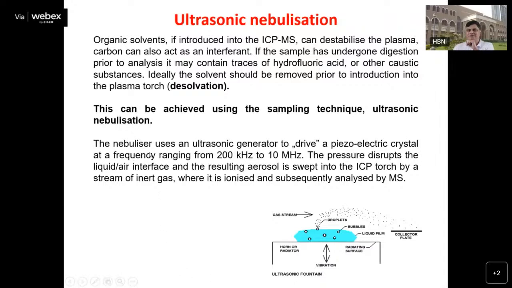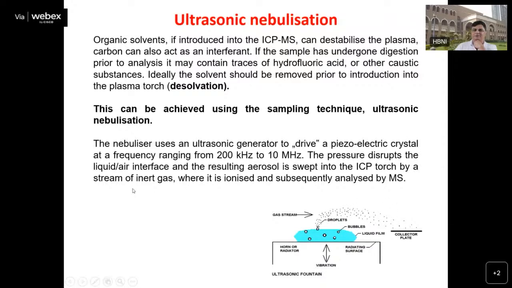What are the characteristics of these ultrasonic nebulizers? It uses an ultrasonic generator to drive a piezoelectric crystal at a frequency ranging from 200 kilohertz to 10 megahertz, as shown here.